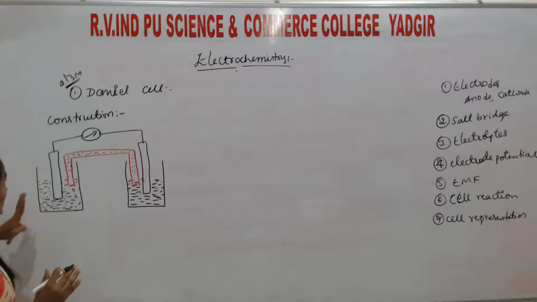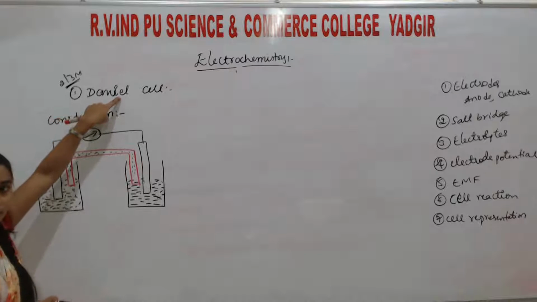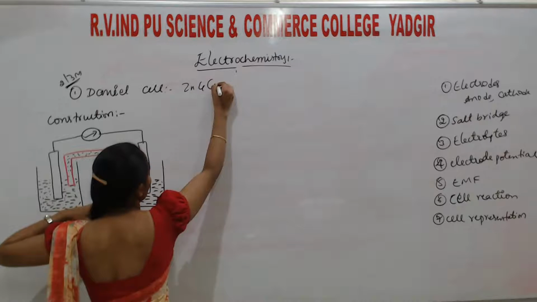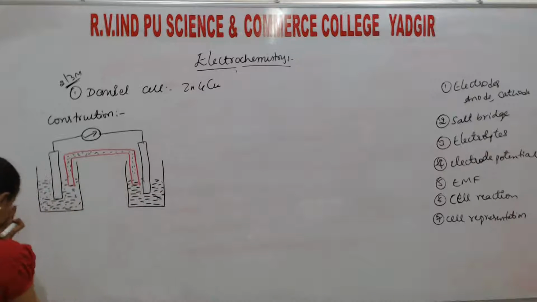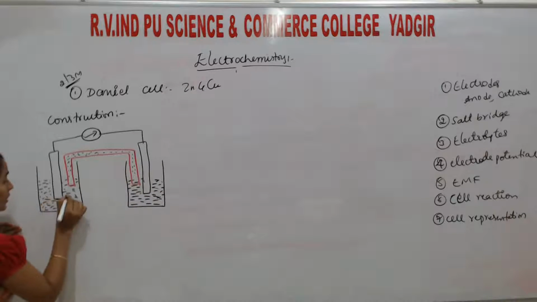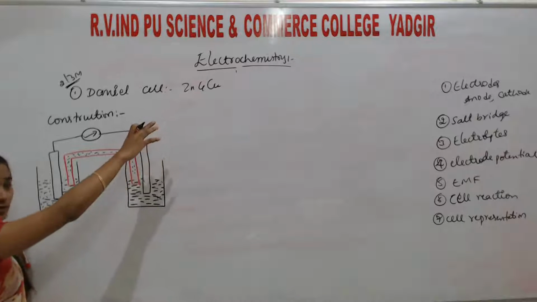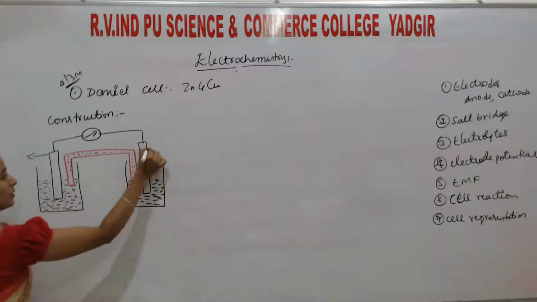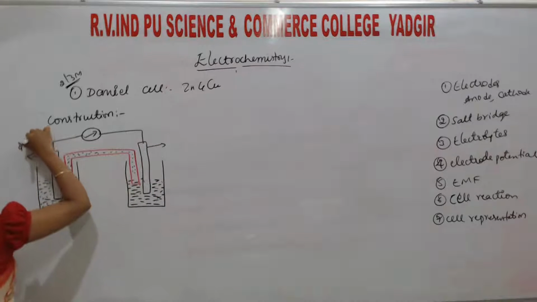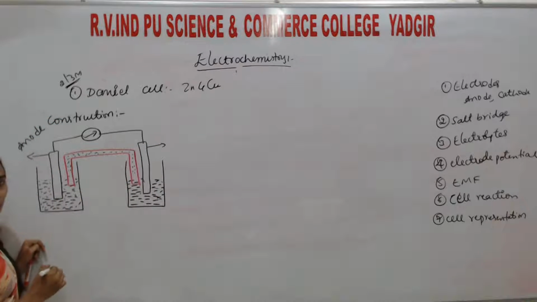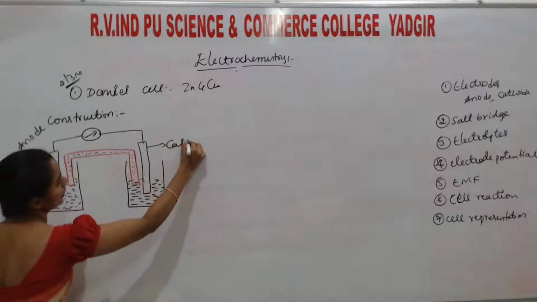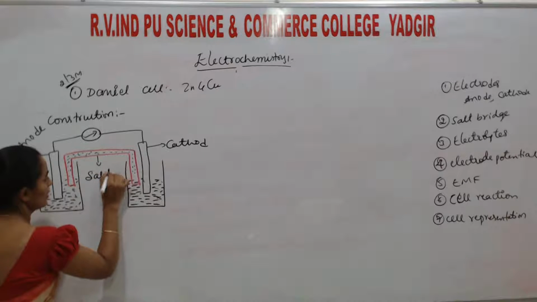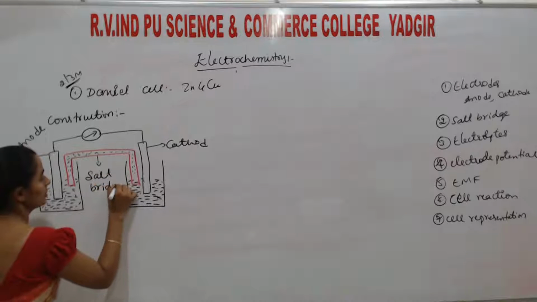So students listen. For Daniel cell, it must be zinc and copper. Here, the electrodes we are going to use are zinc and copper. This one is anode, this one is cathode, and this is the salt bridge.